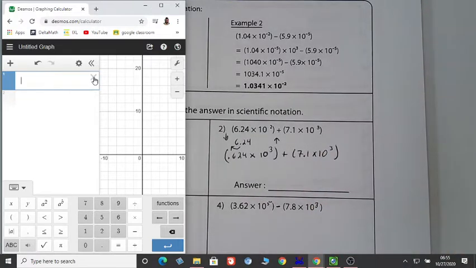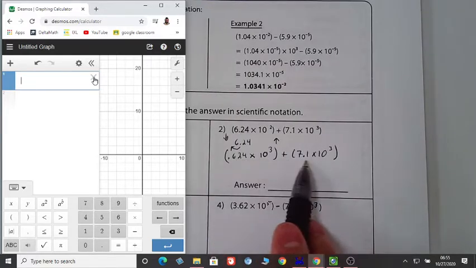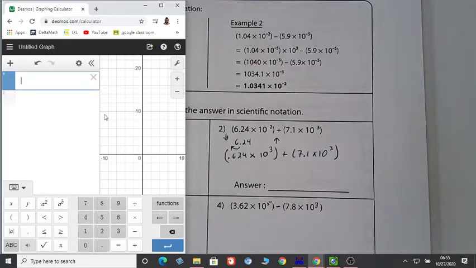Okay, so now I can go ahead and add my coefficients. So I have 0.624 plus 7.1, and I get 7.724.